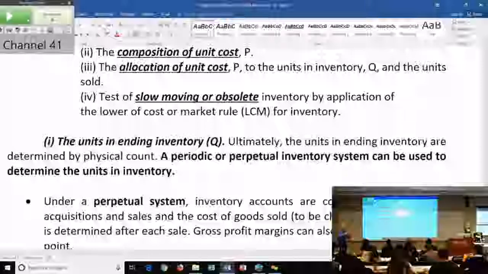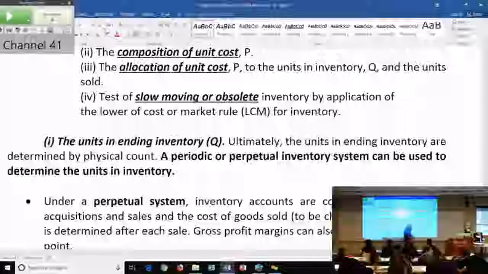If they sell it to you, they scan it out, and it's taken out of inventory. So on a perpetual inventory system, we have a continuous update of inventory levels. Anytime a unit is purchased, it goes into inventory. Anytime a unit is sold, it comes out of inventory. Sales are recorded, cost of goods sold is updated, and you have immediate records.